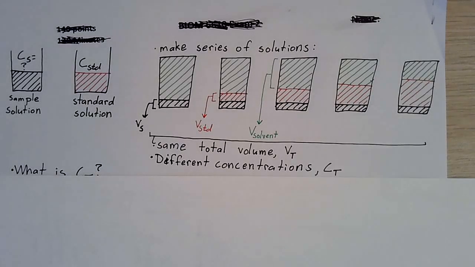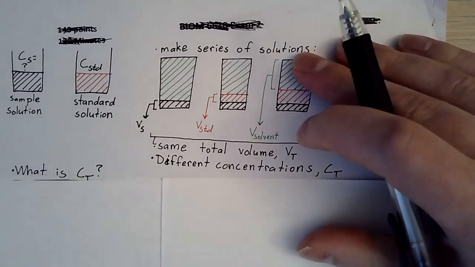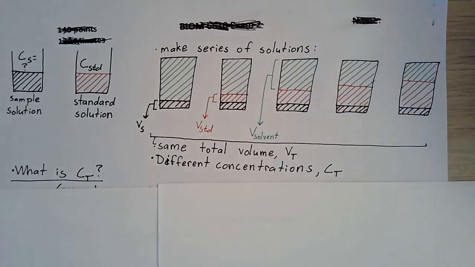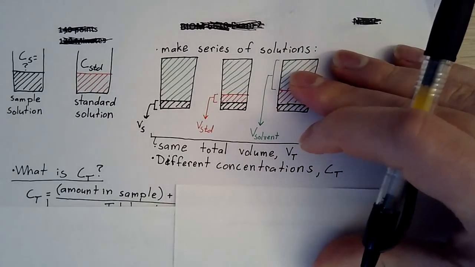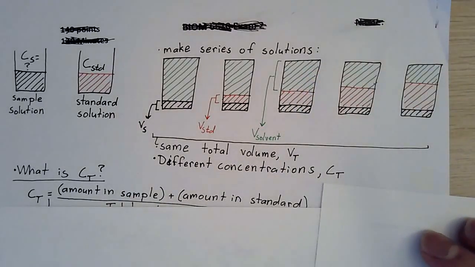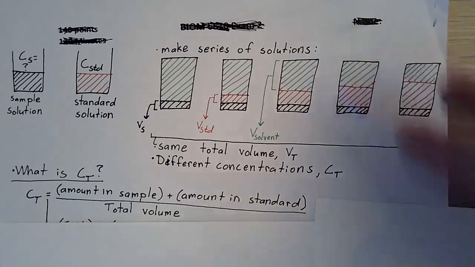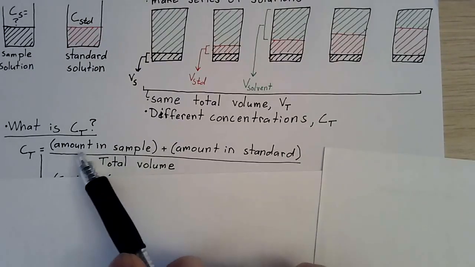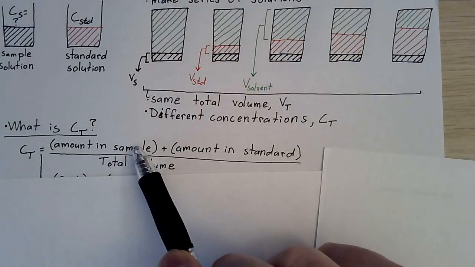But now we might well ask ourselves, well, what is that total concentration in each one of these? The total concentration in each one of these is going to simply be the amount that was in the sample that we added, right?